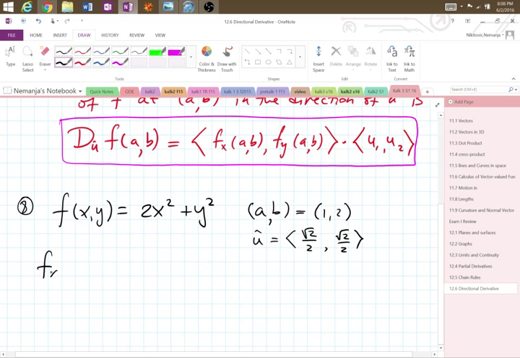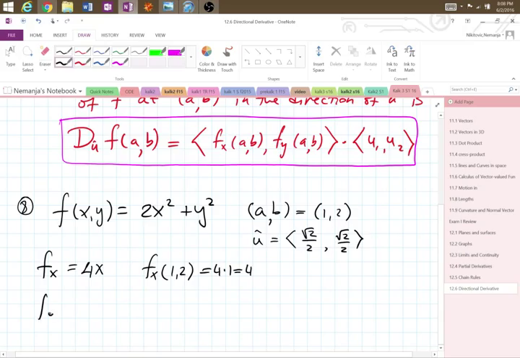That's going to be, in respect to x, y, we don't have to write it, but it is in respect to x, y, 4x. And the derivative of y squared is 0 because it's in respect to x. And then we compute fx at 1, 2. Now observe that you only have x, so you will only use 1. So that's 4 times 1 is 4.